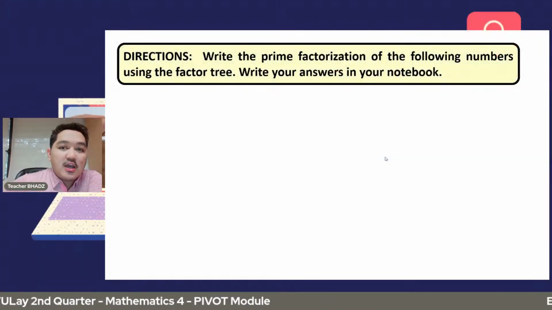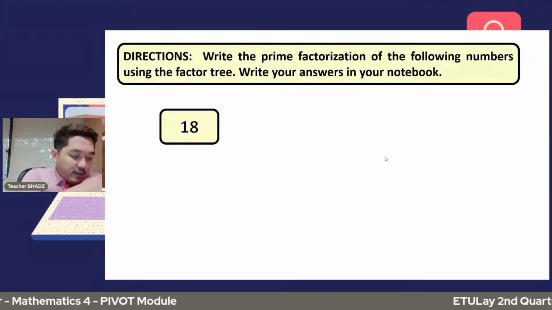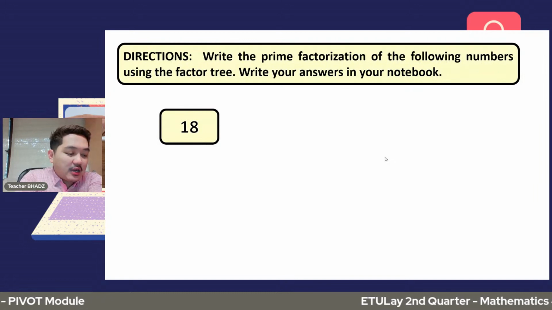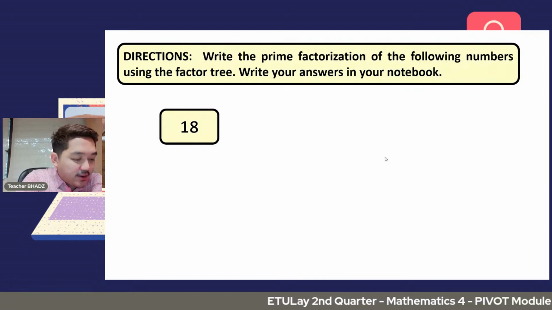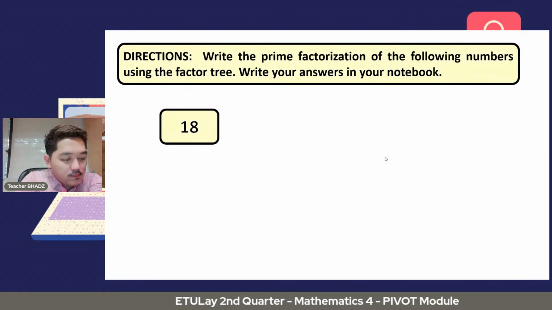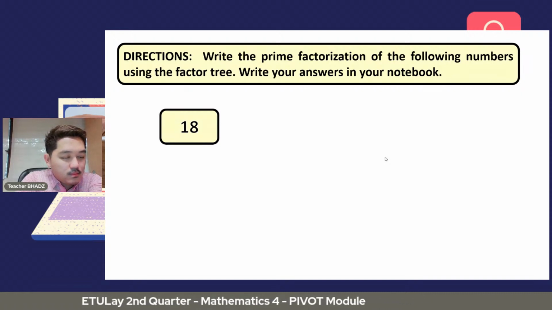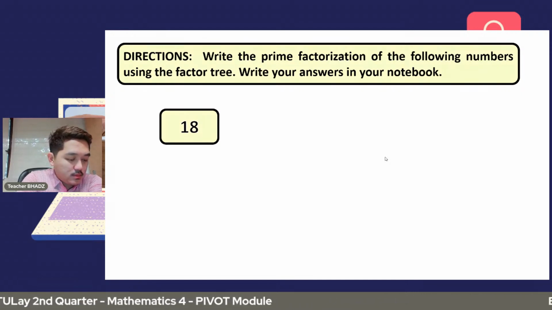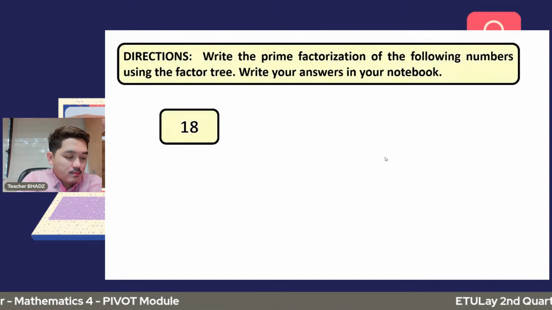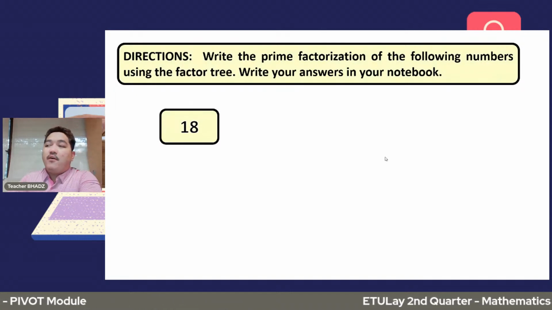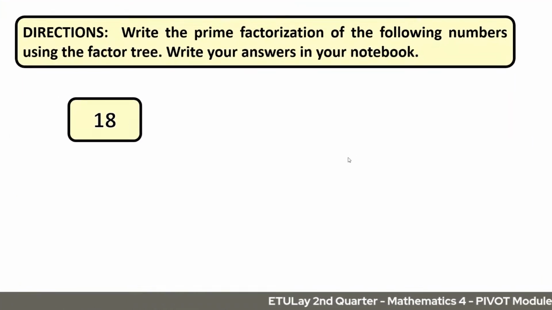This is 3 items lang siya. So for the first one, write the prime factorization of the following numbers using the factor tree. Write your answers in your notebook. The first one is 18. I'll give you 2 minutes to finish this one. Two minutes for question number 1.